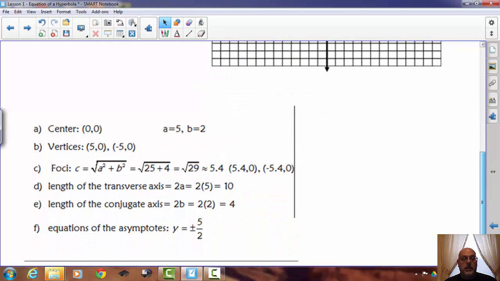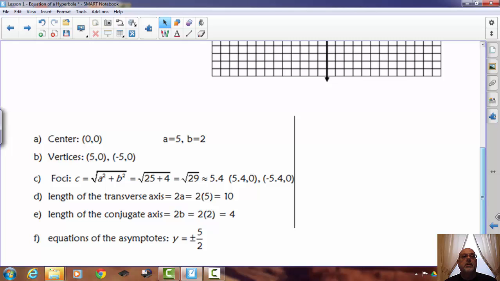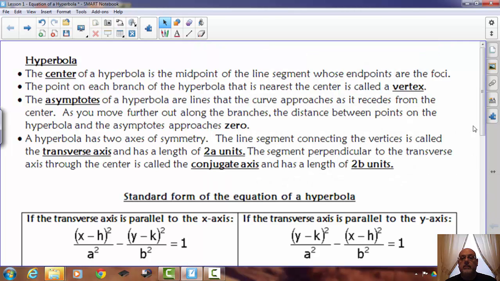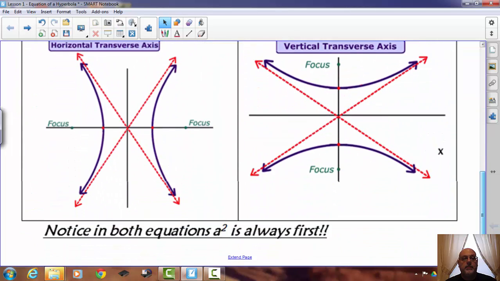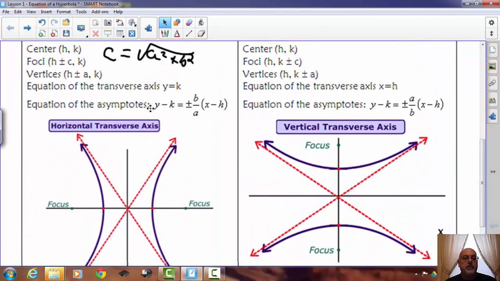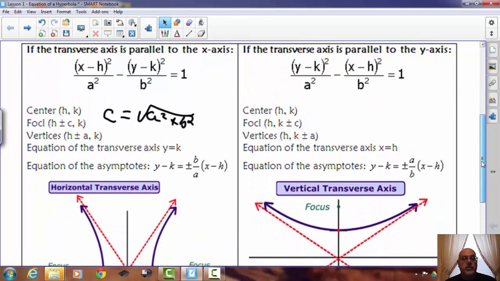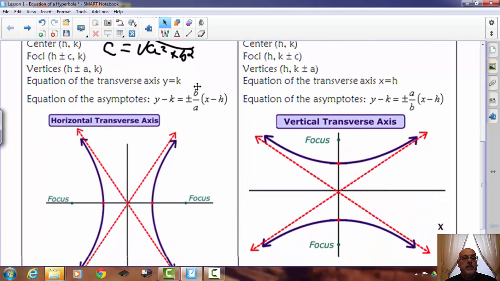Equations of the asymptote. Okay. If we go back and look at y minus y1 equals slope times x minus x1, x1 and y1 here are 0 and 0 because the center of the hyperbola is 0, 0. So if we go back to the previous page, the equation of the asymptote, when the x terms are first, the slope of the asymptote is plus or minus b over a.